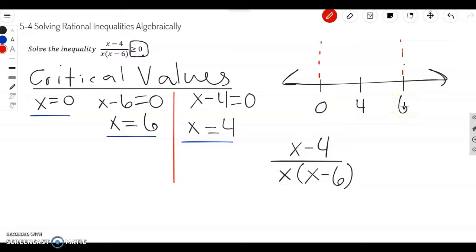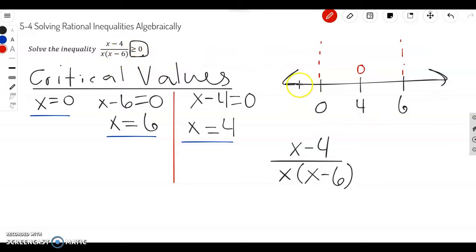At 4, however, this is where the graph is actually equal to 0, because we set the numerator equal to 0. Because in this problem I have a greater than or equal to, I am concerned on whether a value is equal to 0, and I know 4 is equal to 0 for this particular function.